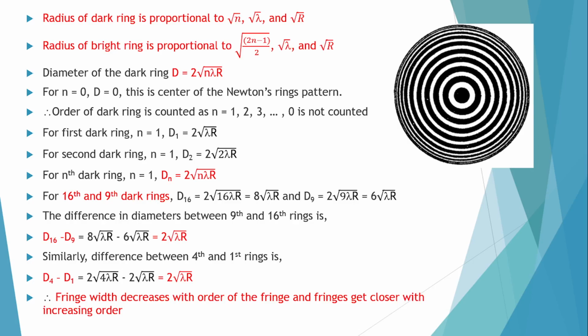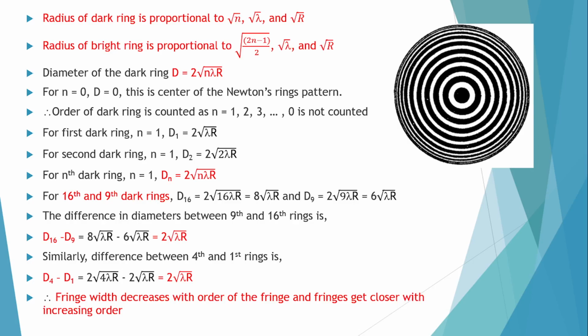For the second dark ring, n equal to 2, the diameter is d2, equal to 2 under root 2 lambda r. For the nth dark ring, the diameter is dn equal to 2 under root n lambda r.